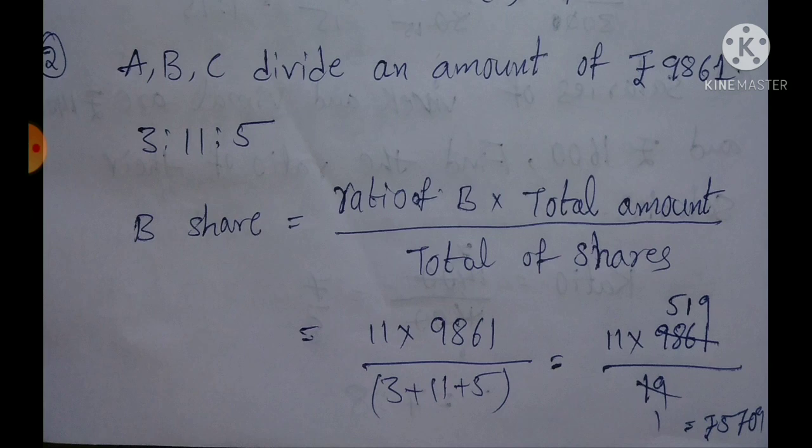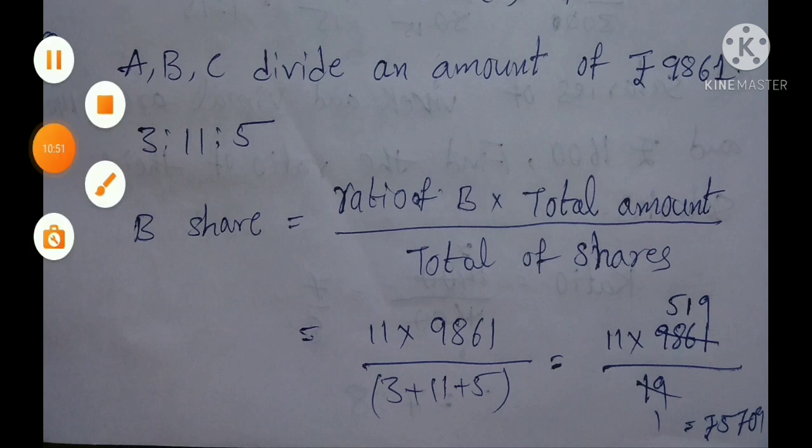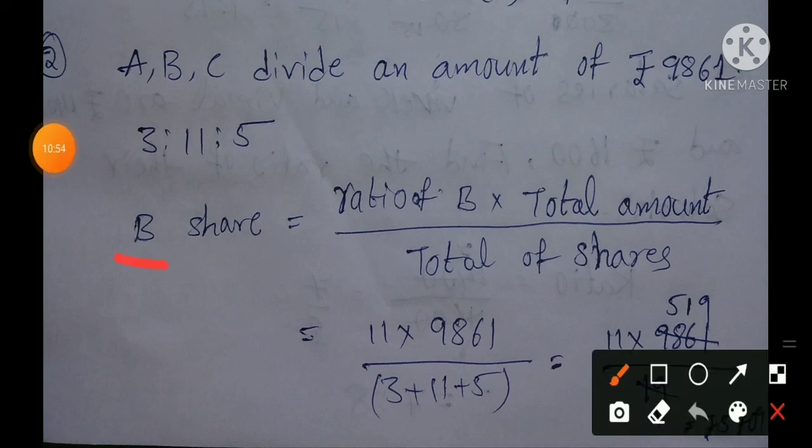The share of a particular person, here we are taking the share of B, is B's share equal to ratio of B into total amount by the sum of the total shares. Total shares is nothing but we can do the sum, only then we are going to get the total sum of the shares.